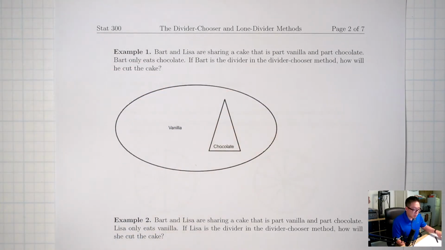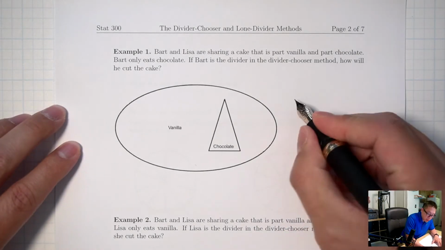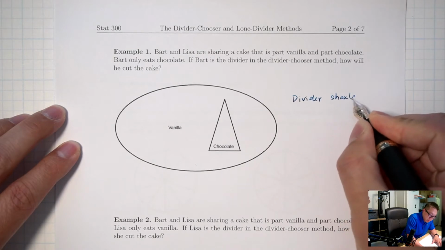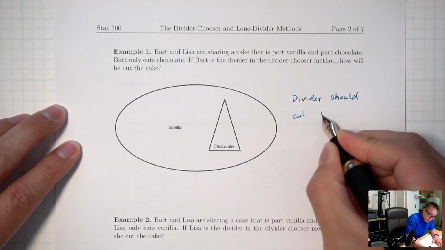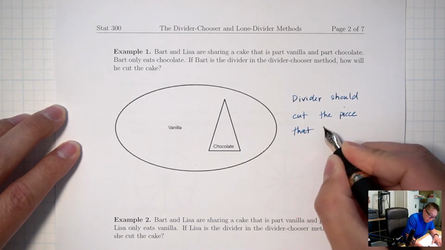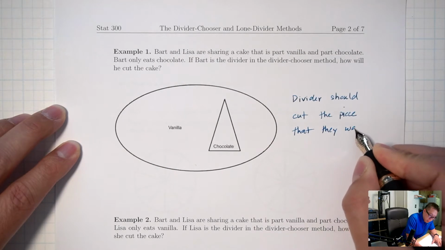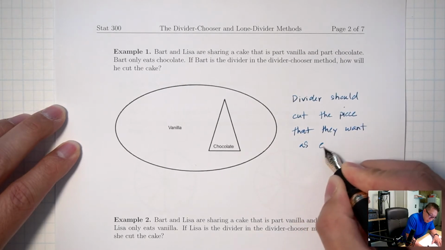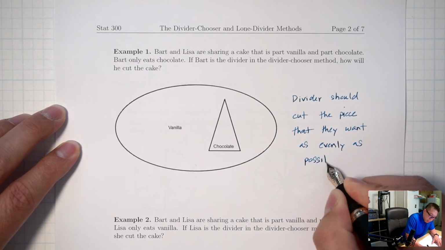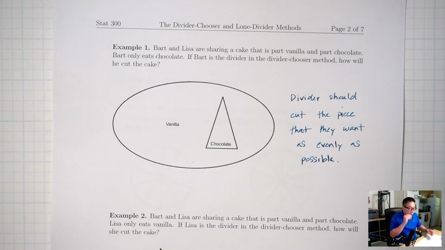So the idea here is that whichever piece you want, you should try to cut that part up as evenly as possible. So the divider should cut up the piece that they want as evenly as possible.